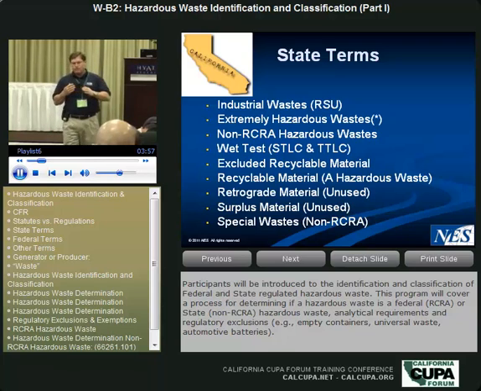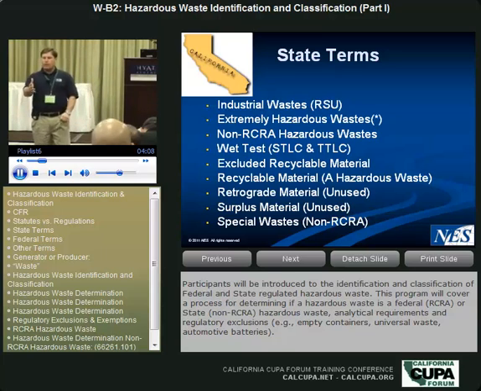In that program, there are certain things that we refer to under the Regional Water Quality Control Board as a designated waste. And it's a waste that has hazardous components, but they don't meet the definition of a hazardous waste in terms of toxicity or characteristic.